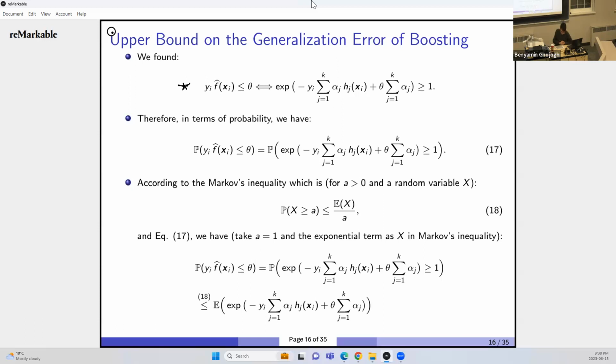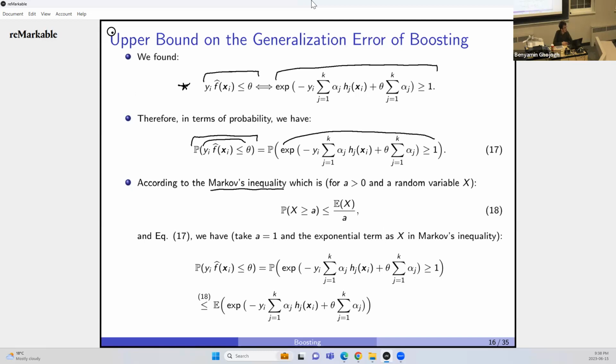We found this. I'm repeating it here. Therefore, in terms of probability, this is error, right? So this is the probability of error. I can replace this with this. We've just proved that. So this is the probability of this becoming greater than or equal to 1. Now, there is an important inequality in probability theory called Markov's inequality.